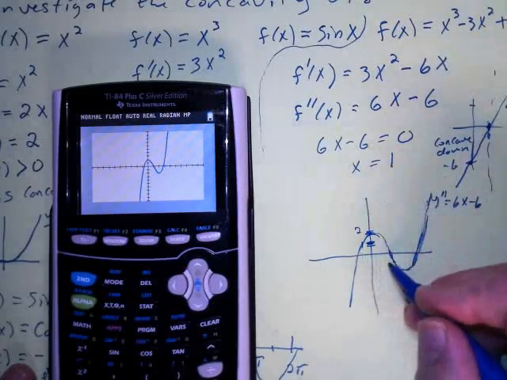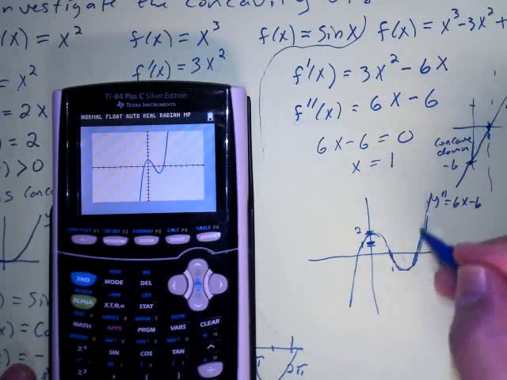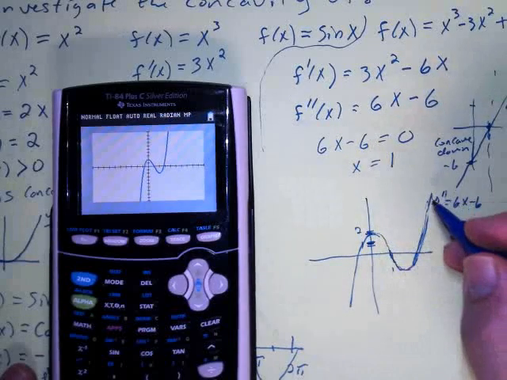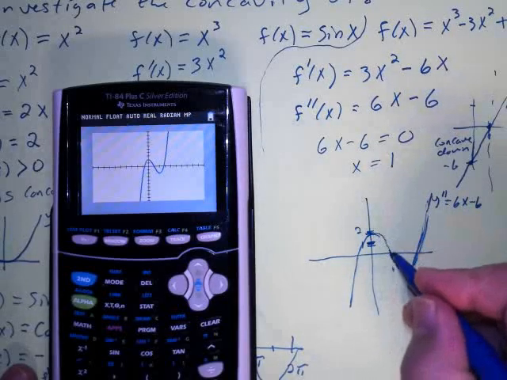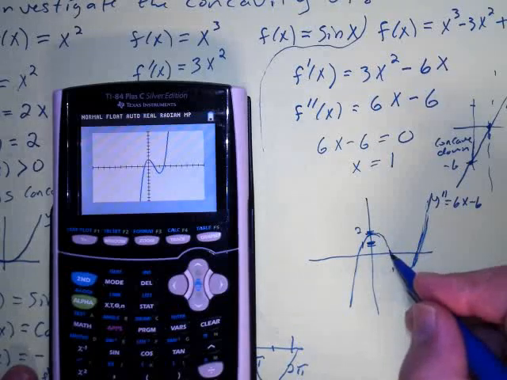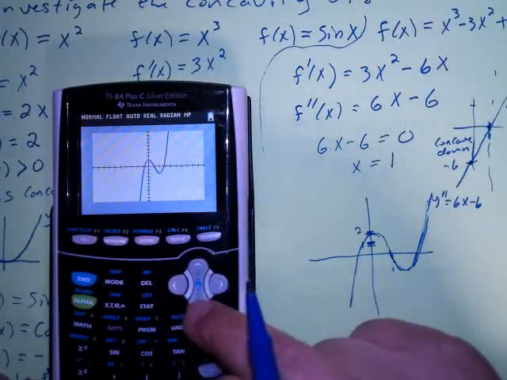So it is concave down from negative infinity to 1, and then it's concave up from 1 to infinity. And it looks like where it changes the concavity is actually where it passes through the axis at the same point. That's kind of unfortunate. Let's see if that's the case.